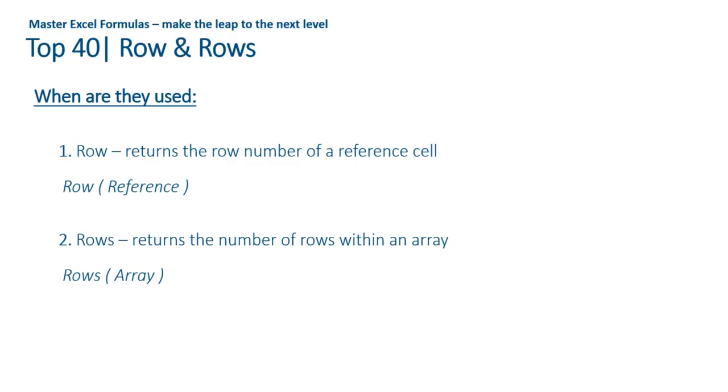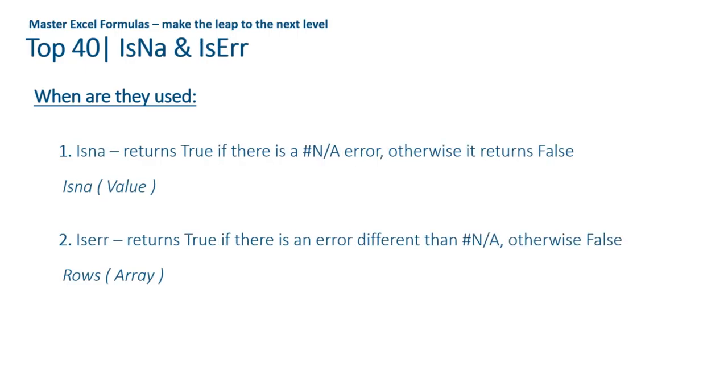Okay, so going back to the presentation now, I want to show you a few formulas that identify, let's say, errors, and based on what error is identified, it returns true or false. ISNA is a formula that returns true if there is an NA error in Excel. Otherwise it returns false, and all we need to do is just select a cell or a value.